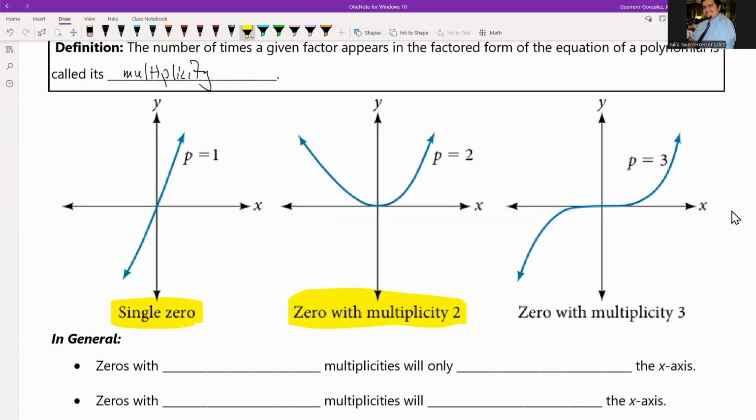Zeros with multiplicity of 3 will have a squiggle that goes through them. Hopefully you guys see a pattern here. Let me change the color, I'll make this one pink. I'm going to write the pattern up down below here.